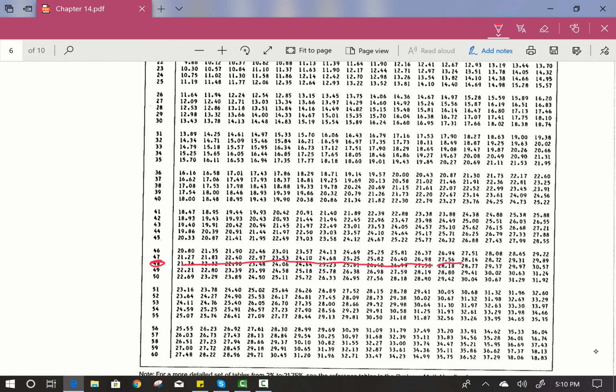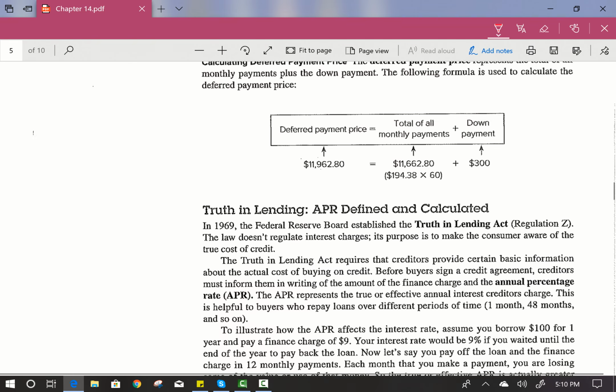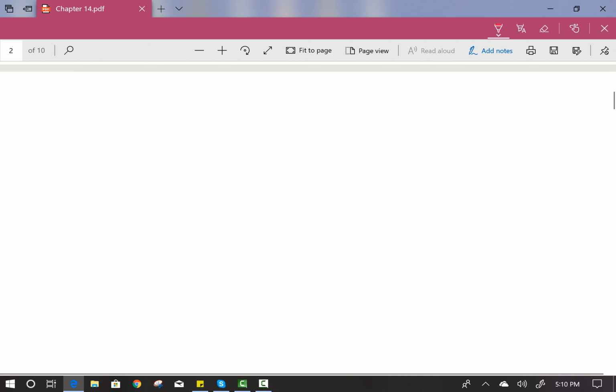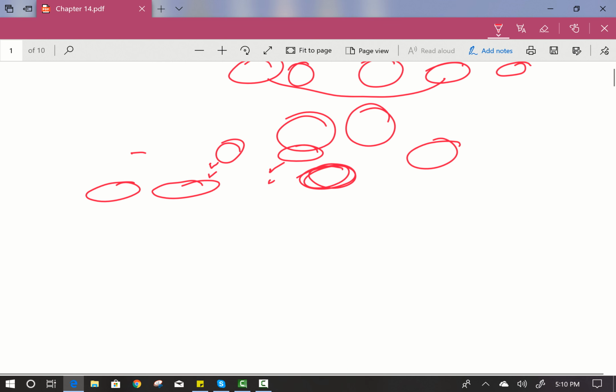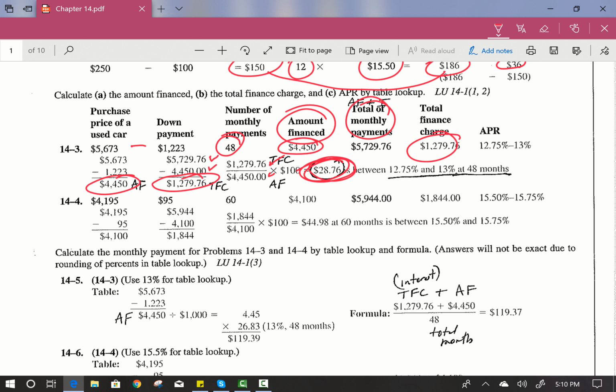And right here, 2818 and 2877, we're going to go straight up to the top, and our APR is going to be between 12.75% and 13%. Okay, so let's go back to the problem. There it is, 12.75 and 13% at 48 months.